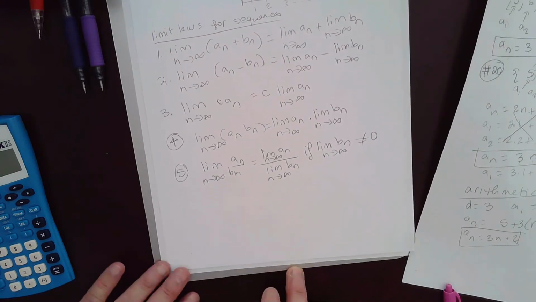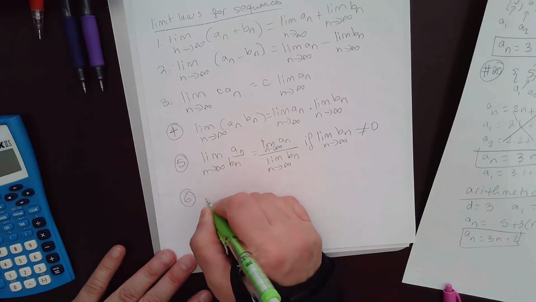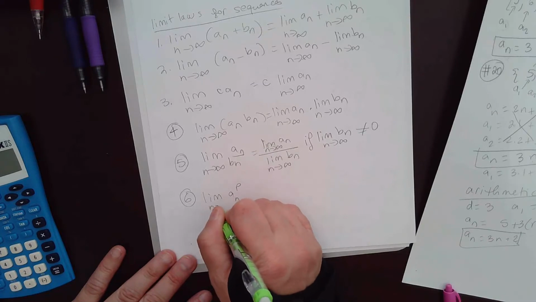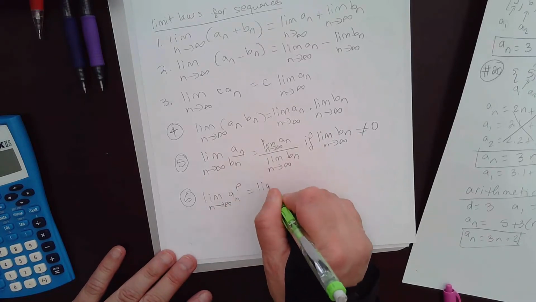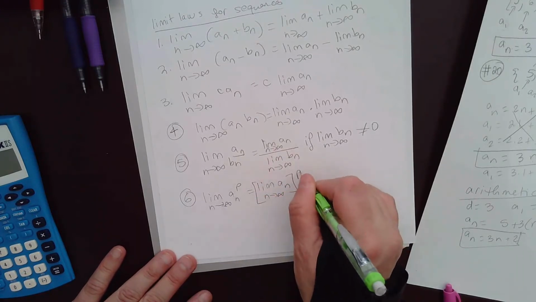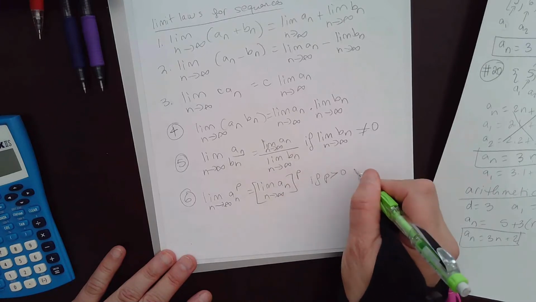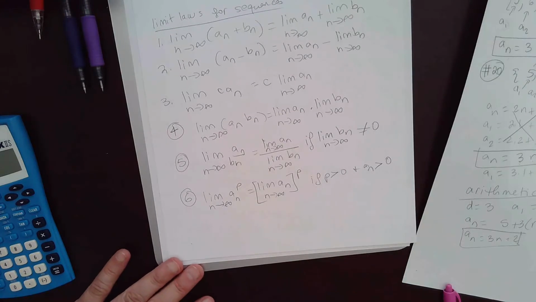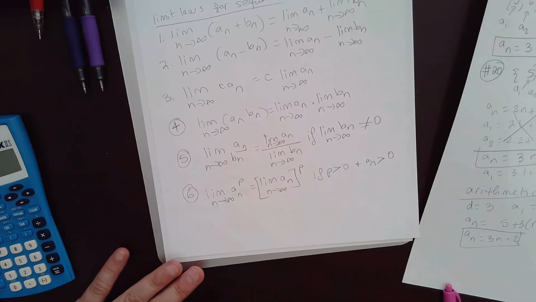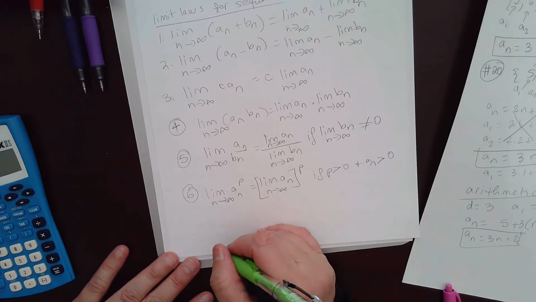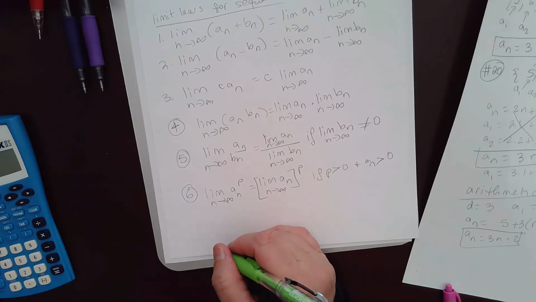Now let's take a look at the power law. The limit of a_n to the p as n approaches infinity is the limit of a_n as n approaches infinity raised to the p power, if p is greater than 0 and a_n is greater than 0. Okay, now I want to give you one more here. I want you to take a look at the squeeze theorem for sequences.